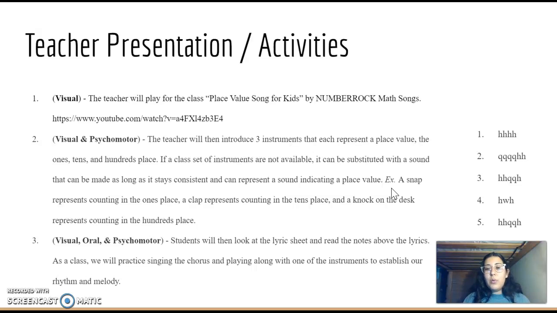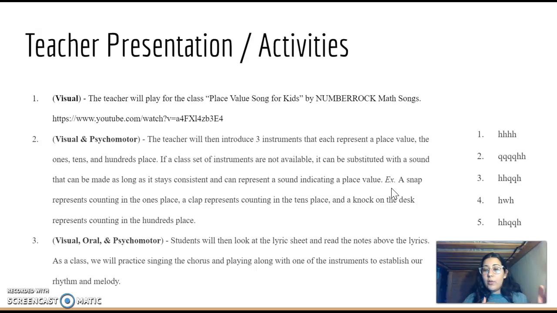So in my example, without any class instruments, a snap would represent the ones, a clap would represent the tens, and a knock on their desk would represent the hundreds place.